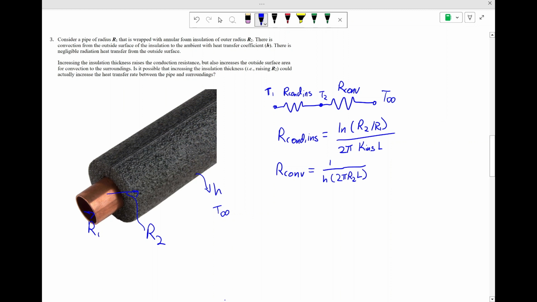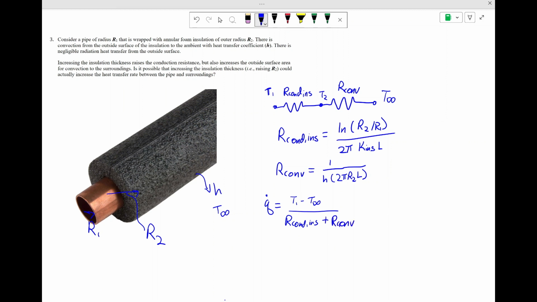So our total heat transfer rate, Q dot, is equal to T1 minus T infinity over the total thermal resistance, which is R conduction for the insulation plus R convection.